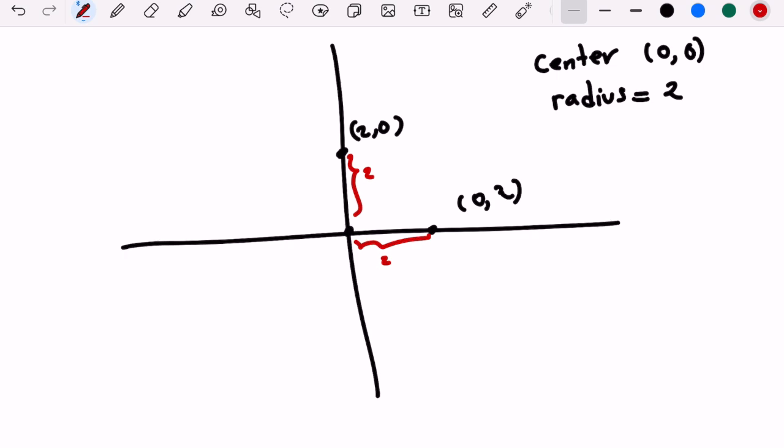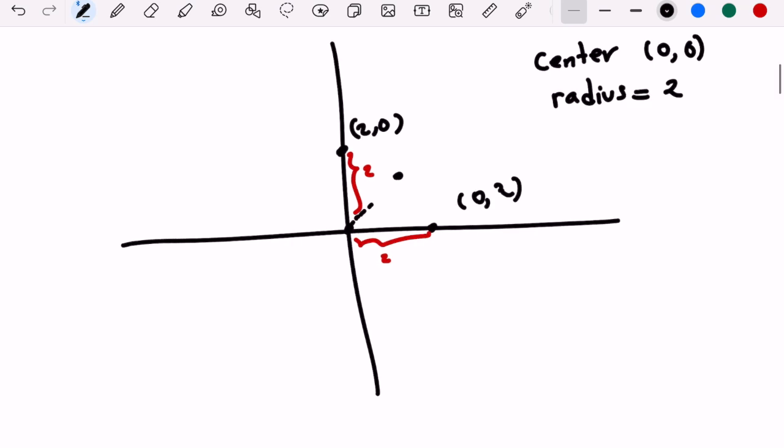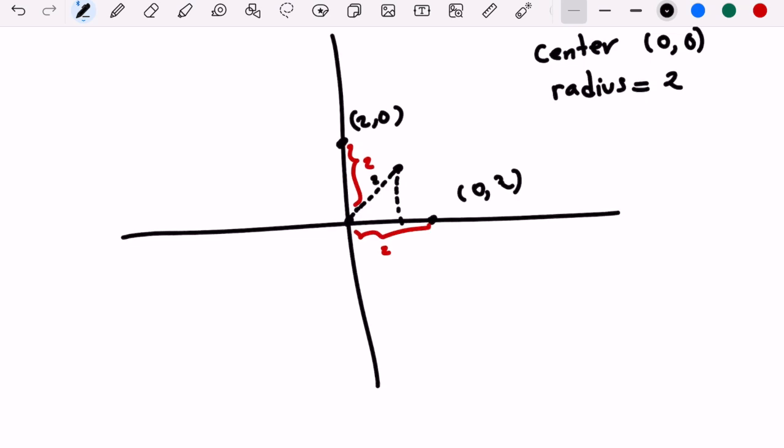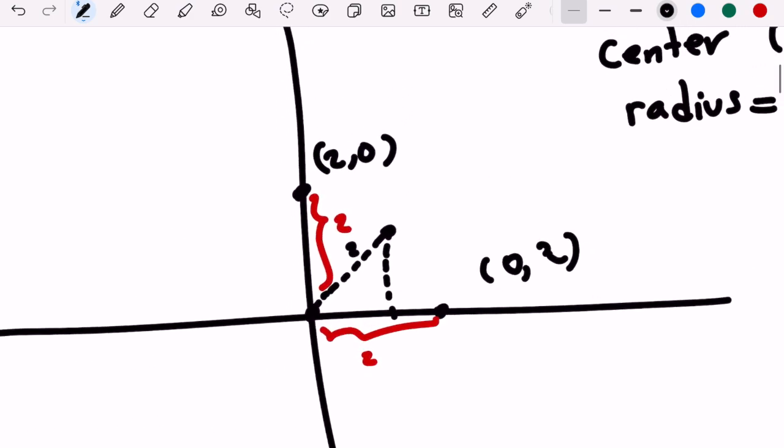What about the point at 45 degrees? If this measures 2, it is a 45, 45, 90 triangle. Okay, I should have prepared this better.